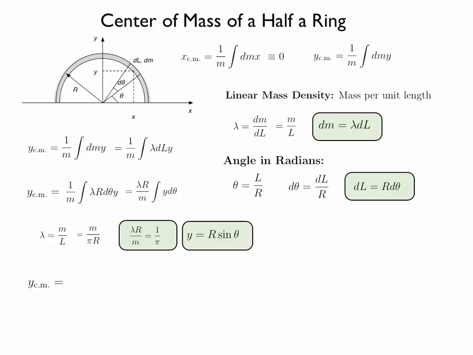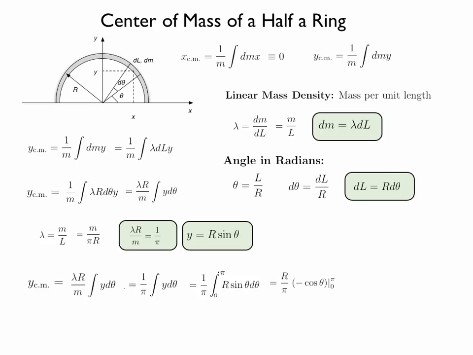With the two expressions, the integral for the vertical position becomes lambda r over m integral of y d theta, which is equal to 1 over pi integral of y d theta, or 1 over pi integral of r sine theta d theta. Our integral is over the angle theta, so we can actually put the limits 0 to pi.